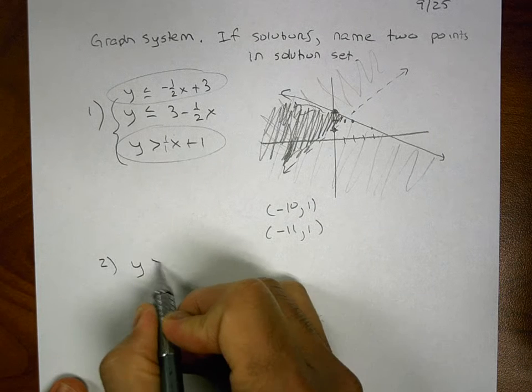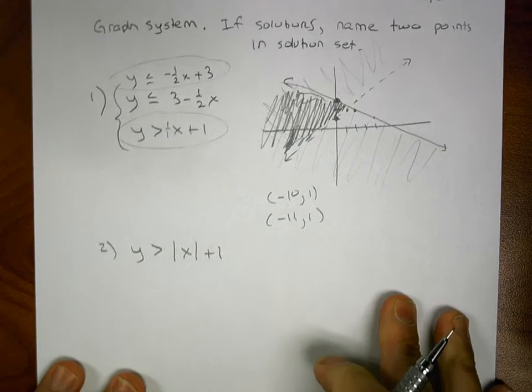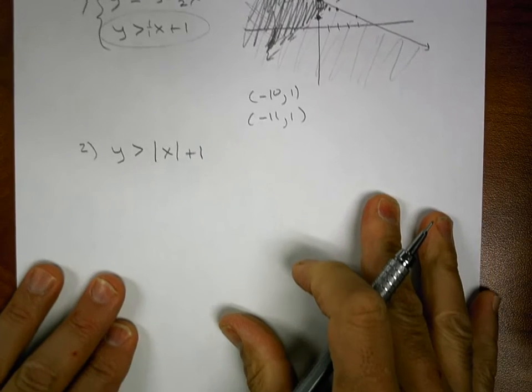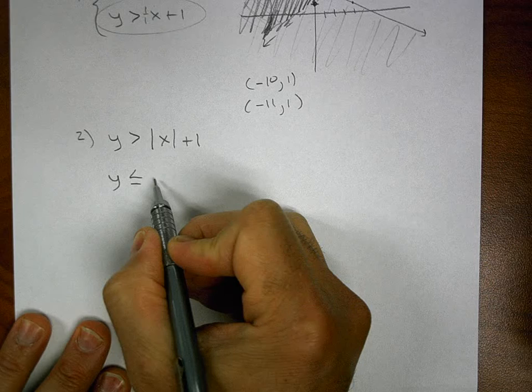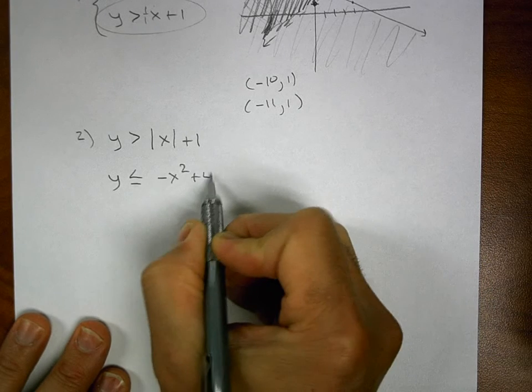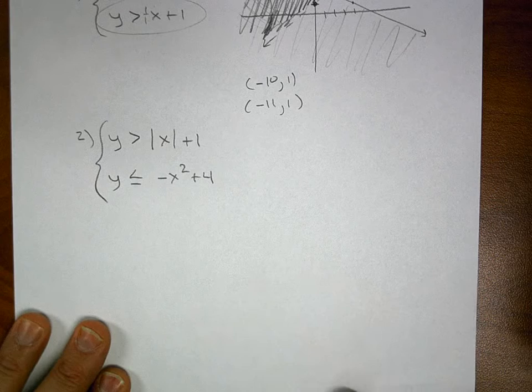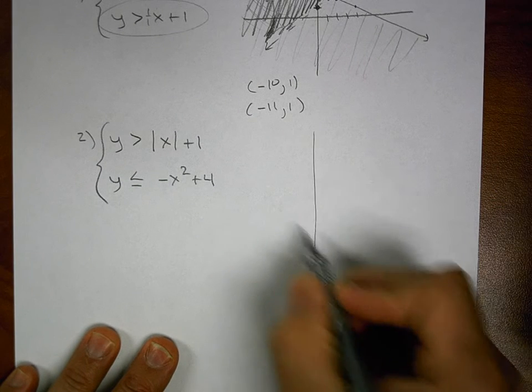Y is greater than absolute value of x plus 1, and y is less than or equal to negative x squared plus 4. All right, so let's go ahead and graph.